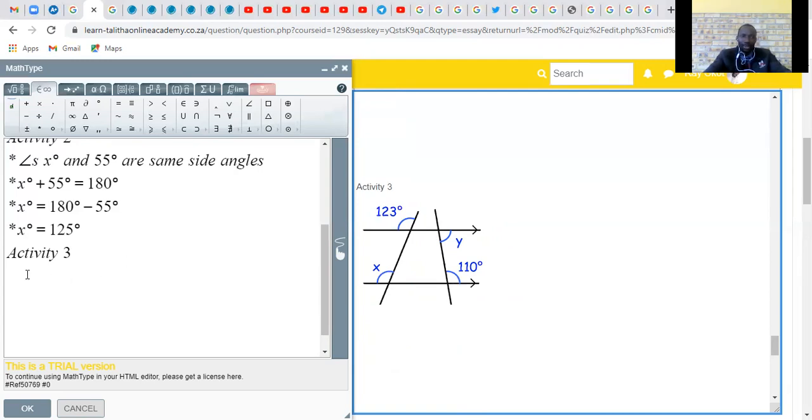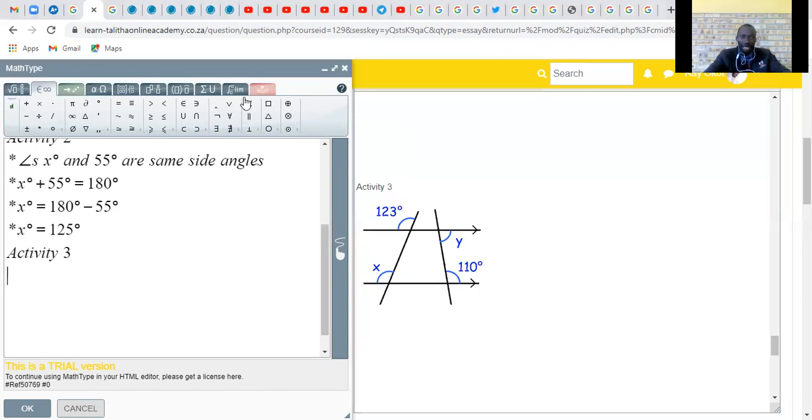And so the thing that we want to put here is that the angles y in degrees and the second angle, which is 110, also in degrees, are co-interior angles. They are on the same side.